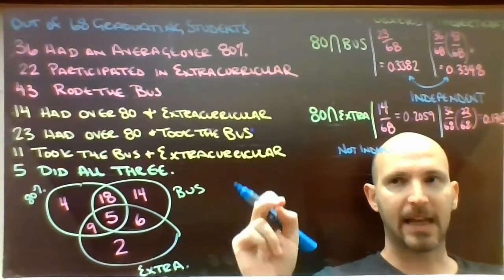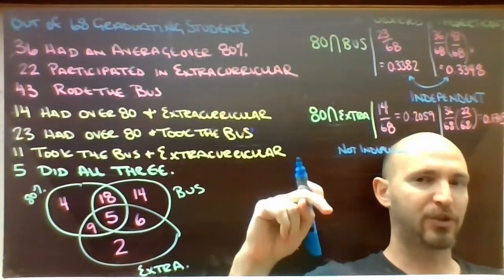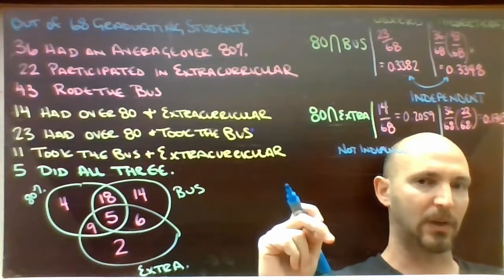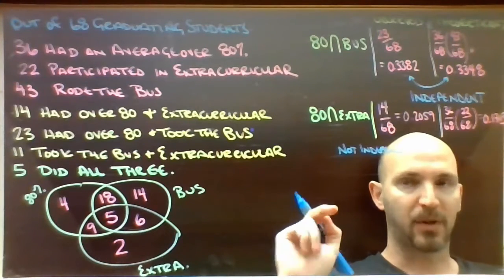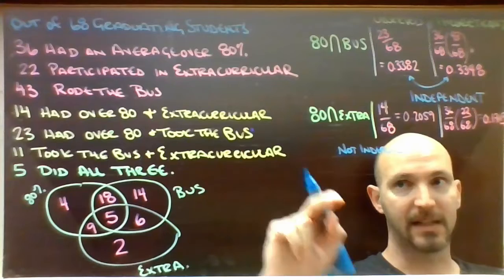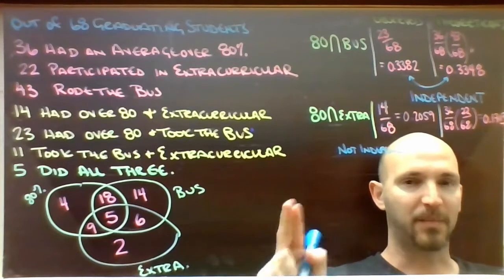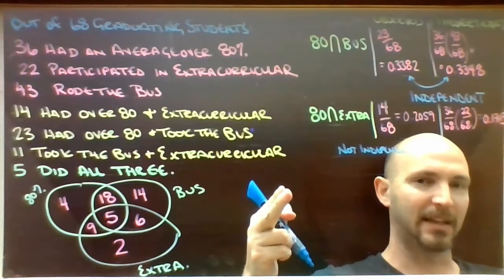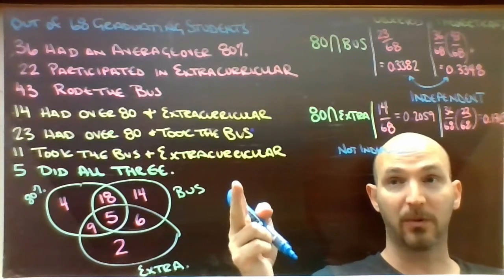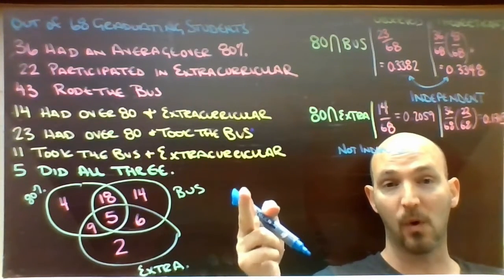Either getting an 80% average encourages you to participate in extracurricular activities, or participating in extracurricular activities encourages you to get an 80% or more. Or that the people who are inclined to being in extracurriculars are also people who are inclined to getting an 80 or more.